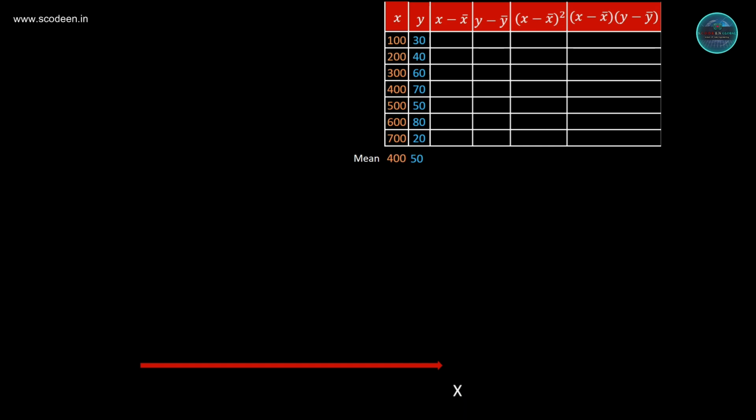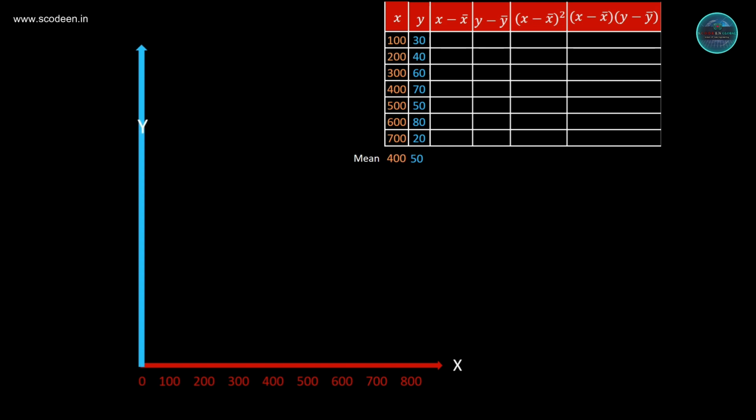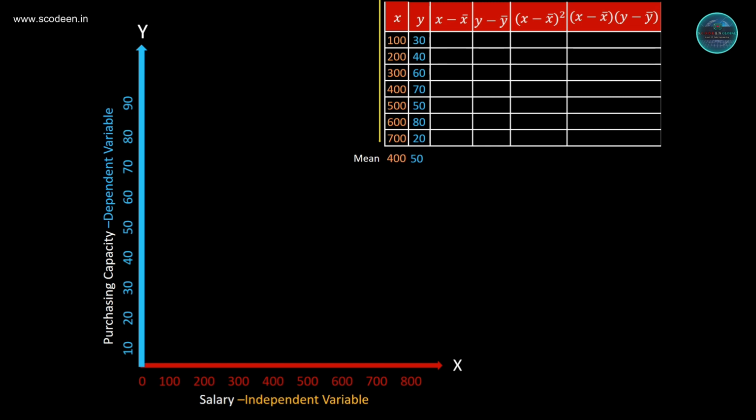Let's analyze the coordinates of the regression line. Here, the x-axis holds the independent variable, that is salary, and the y-axis holds the dependent variable, that is purchasing capacity of the user. If we observe observation 1, it is located at 100, that is the x-axis value, and 30, that is the y-axis value.